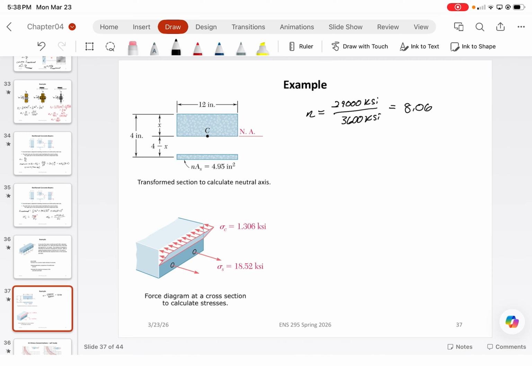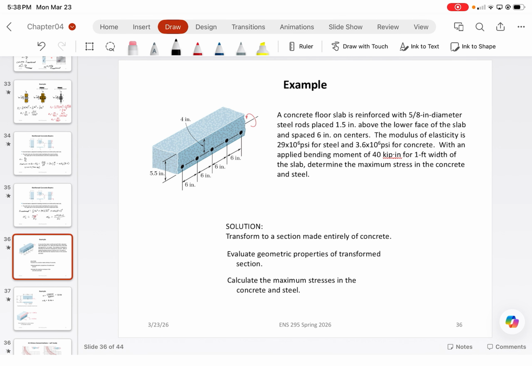From here, we would calculate the area of the steel as a transformed concrete region, which is just going to equal 8.06 times, if you think about the area of the bars, how many bars are going to fit in a 1 foot region if the bars are spaced at 6 inches on center?